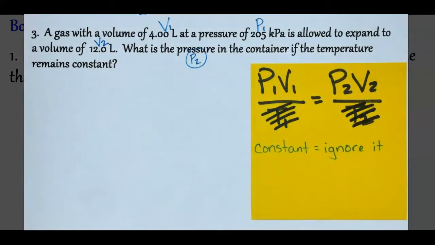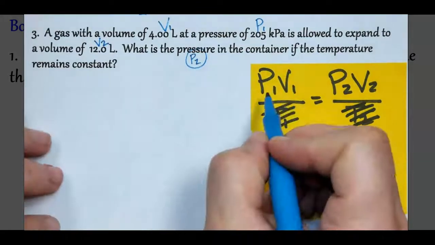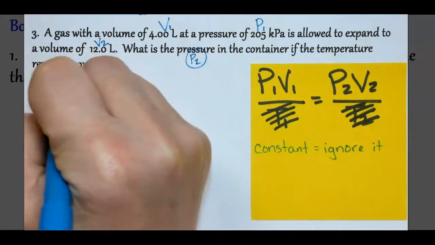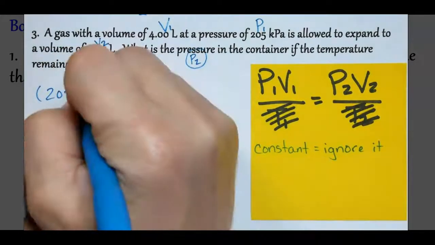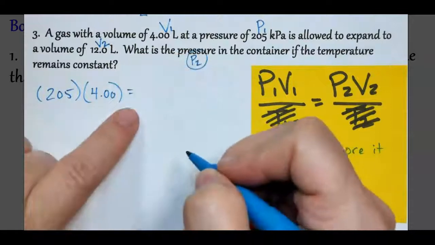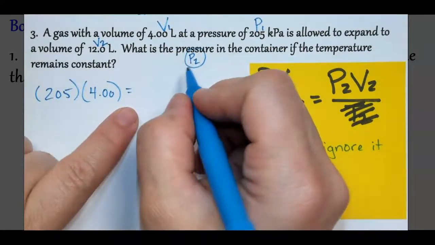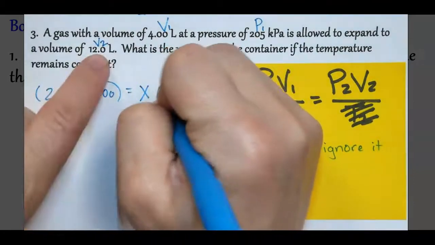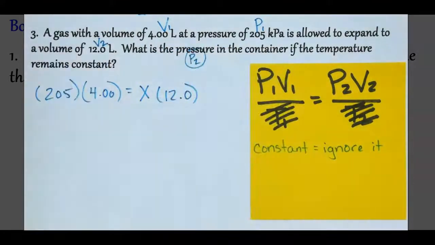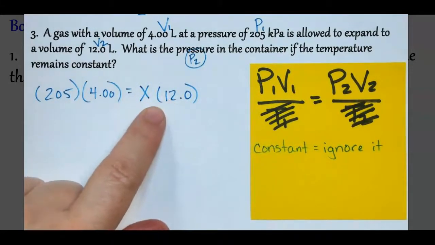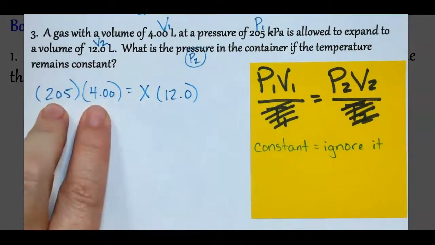So now I can set up my calculation where I'm going to plug in the values. P1 is 205 kilopascals. V1 is 4.00 liters equals, I don't know P2, I'm going to go ahead and call that X. And then V2 is 12.0 liters. Now we are going to multiply and then divide. Don't start multiplying on the side with the X. We'll multiply on this side first.